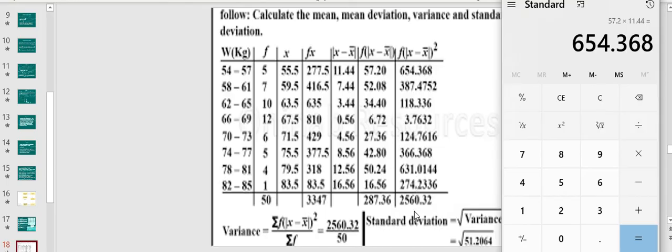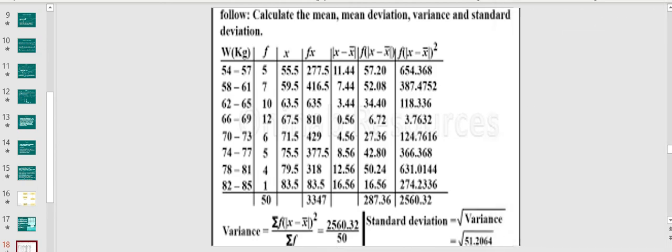The total of this column is 2560.32, which will be divided by 50. Equal to 51.02064. This is the variance.